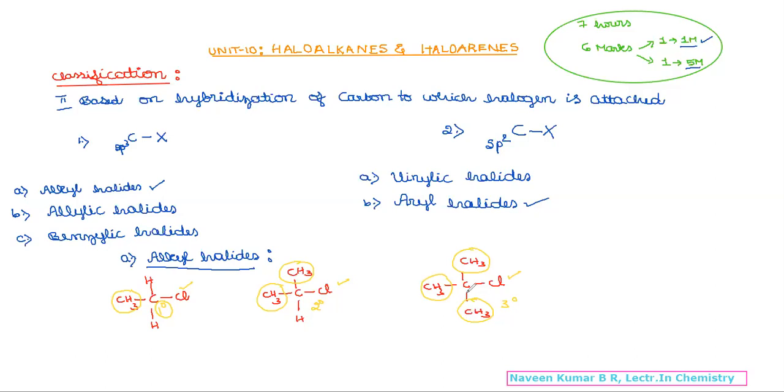So with four carbon atoms, it is tertiary butyl chloride. This example explains how exactly we need to identify primary, secondary, and tertiary. Halogen linked carbon surrounded by one R group, primary; two R groups, secondary; three R groups, tertiary.